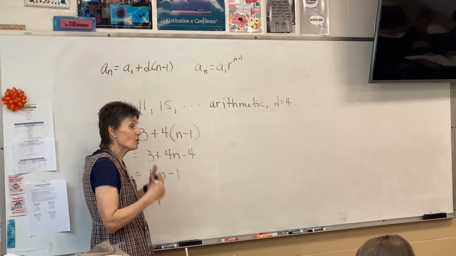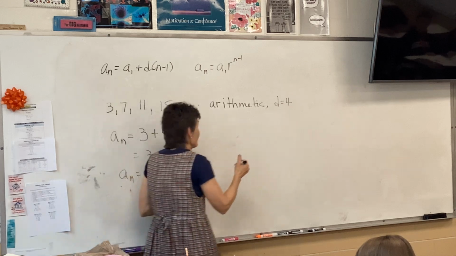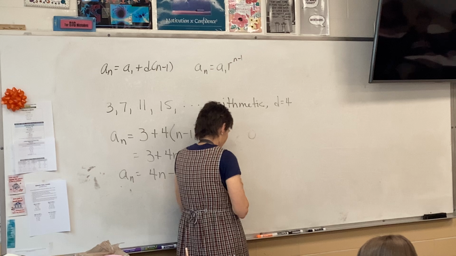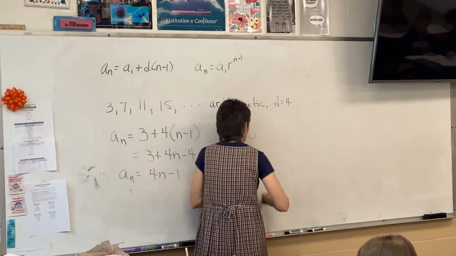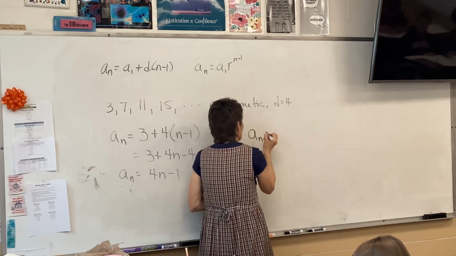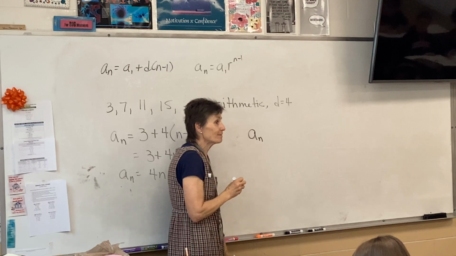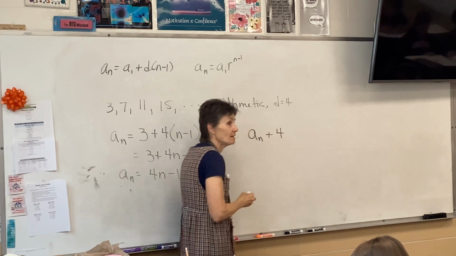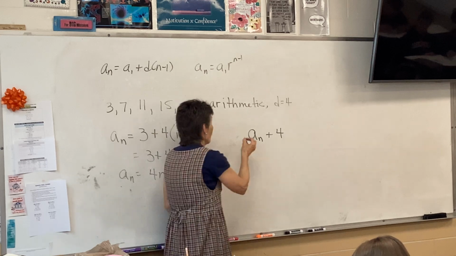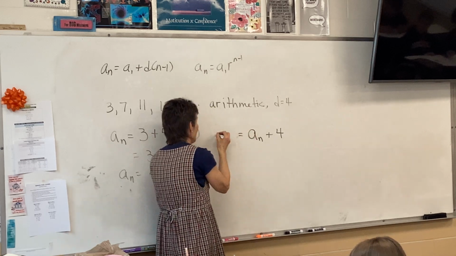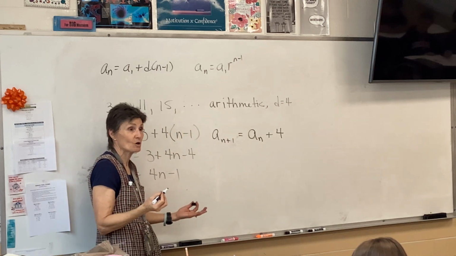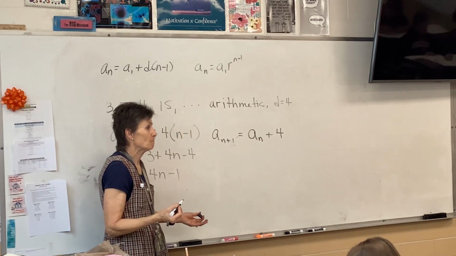So what recursive says is, if you have some generic term, I'll call it a sub n, some random term, to get the next term, all I have to do is add 4. What will the next term be? Well, this is where kids get a little freaked out because the notation looks hard, but it's very easy.